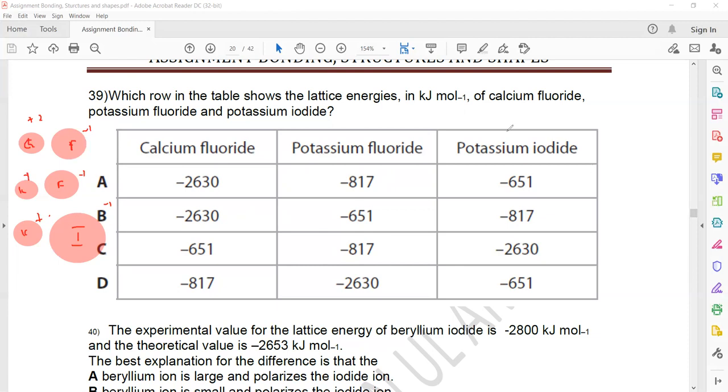So the highest number is -2000, the smallest is 651, and the moderate is 817. Is it clear? The lattice energy means when ions in a gaseous state form a compound and release energy. It's always exothermic, so that's why it is negative.